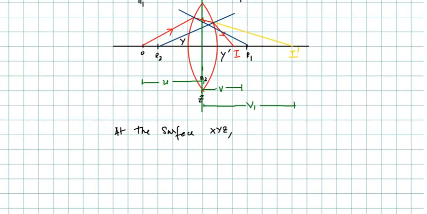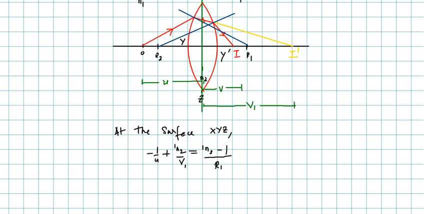So which relation to use now? Minus 1 by u plus, the ray is traveling from medium 1 to medium 2, so going from 1 to 2 divided by v equal to 1 to 2 minus 1. Wait a minute, the image is formed at V1, divided by R1. R1 means the radius of curvature of the first surface. Is it positive? Yeah, it's positive, correct.